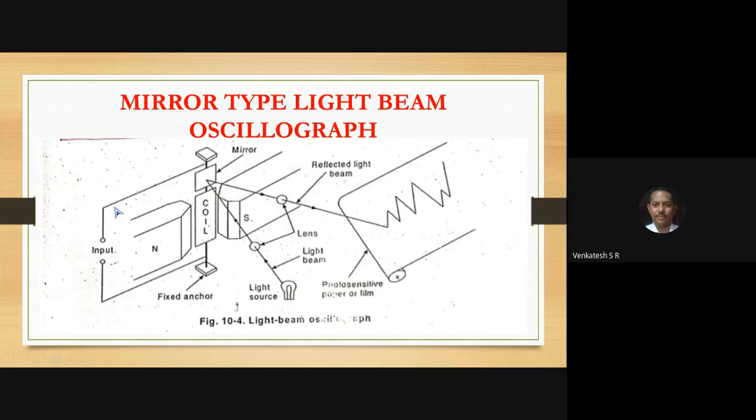Once this is connected to the seismic instrument, an ECG (electrocardiography) instrument, or any vibrating machinery, the incident ray falls on the mirror and the reflected ray coming from the mirror forms the waveform on the photosensitive paper. This is the principle of operation of the mirror type of light beam oscillograph.